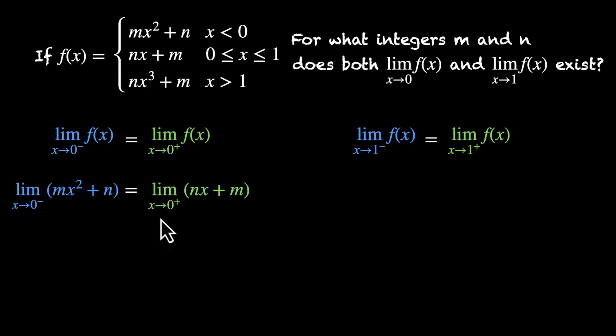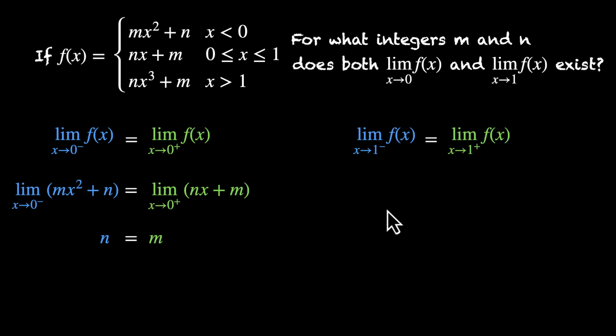Now plugging in 0 on both sides, we get n here and m here. So mx square gets cancelled, nx gets cancelled because x is approaching 0. So we have n is equal to m. This is interesting. To make sure that the limit at 0 exists, we have to have these two variables the same. n should be equal to m.